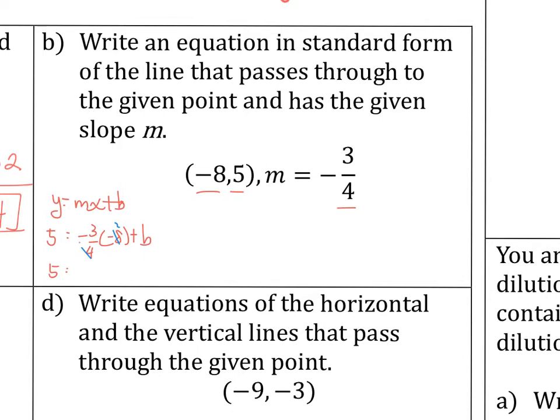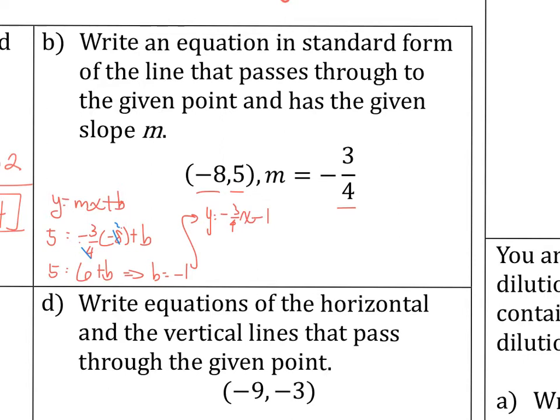Negative makes positive, so 3 times 2, 6 plus b. Then b would equal -1. Therefore, my equation will be y equals -3/4 x minus 1.